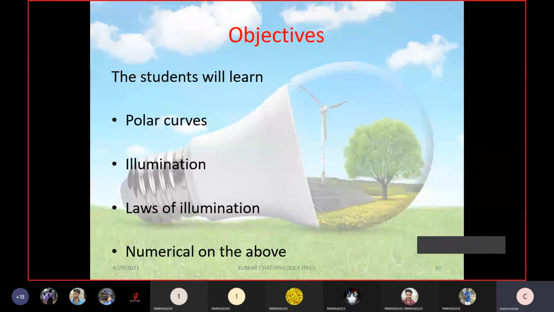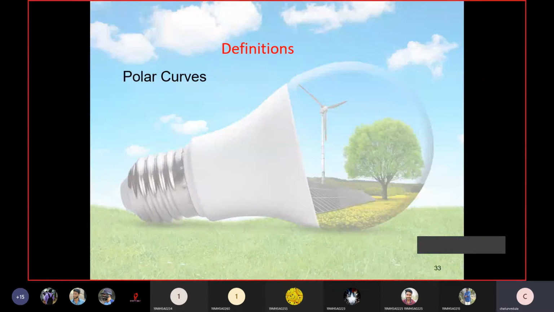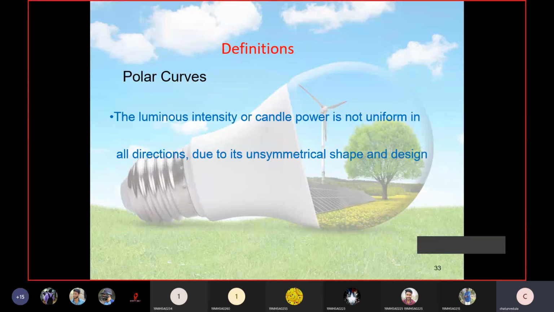A polar curve is a graph drawn between the luminous intensity in terms of the horizontal plane and the luminous intensity in terms of the vertical plane. As we know, the luminous intensity is not uniform in all directions. Why?